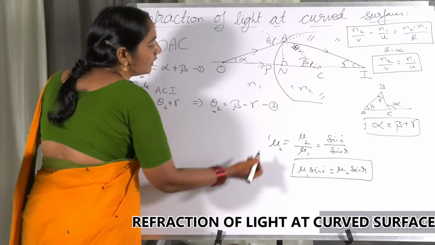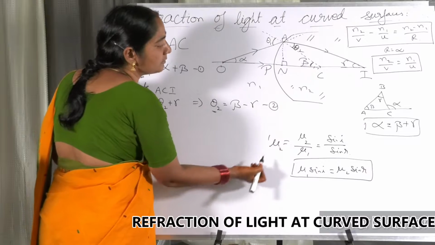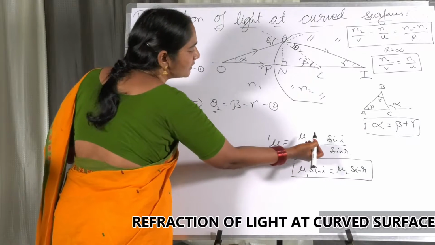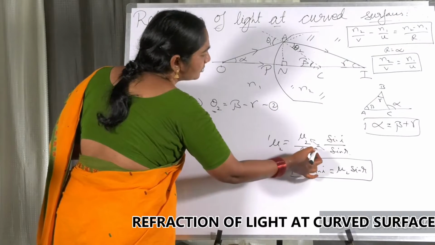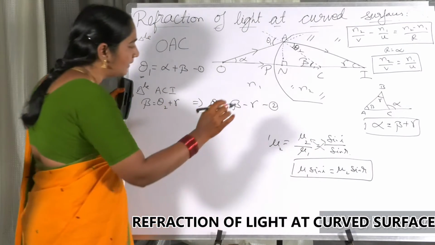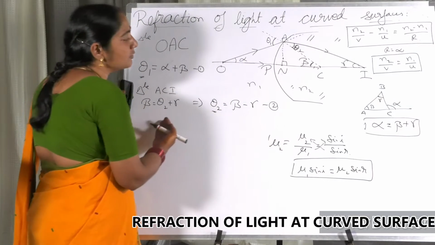So mu21 means the refractive index of the second medium with respect to the first medium, written as mu2 by mu1, is equal to sin i by sin r. After cross multiplication you get the standard notation. Now in this derivation, wherever there is mu, I am using n.